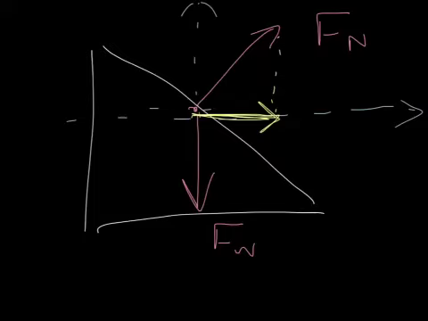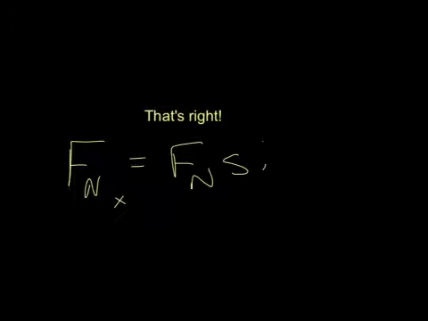If the y component was equal to Fn cosine theta, what do you think the magnitude of the x component is going to be? That's right. The magnitude of the x component has got to be Fnx must equal Fn times sine theta. And this is interesting, right?